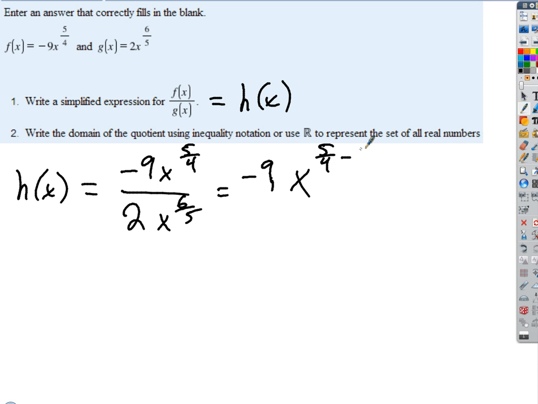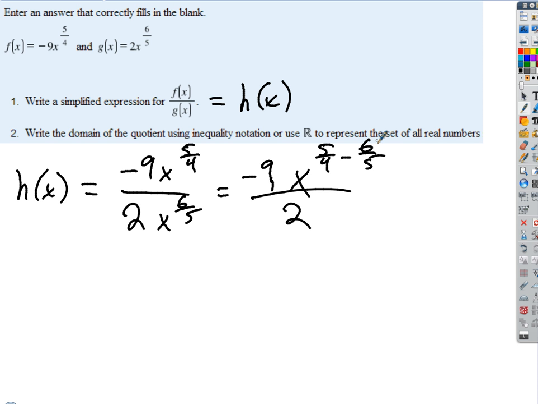So we get 5/4 minus 6/5, divided by 2. All we really have to do is subtract those fractions. We're going to get a common denominator of 20ths, so we'll multiply by 5 over 5 and 4 over 4 and get 25 minus 24, over 20ths. Everybody see that?